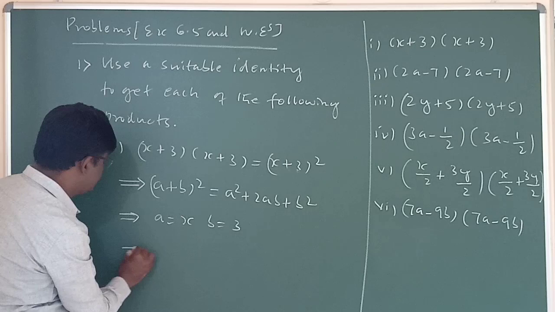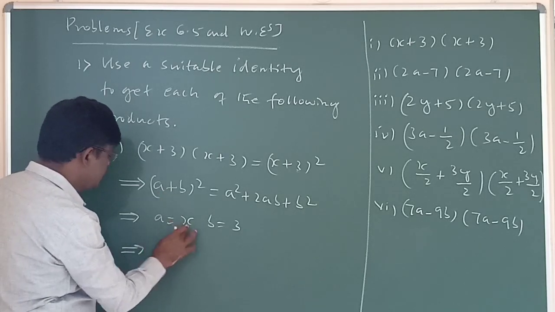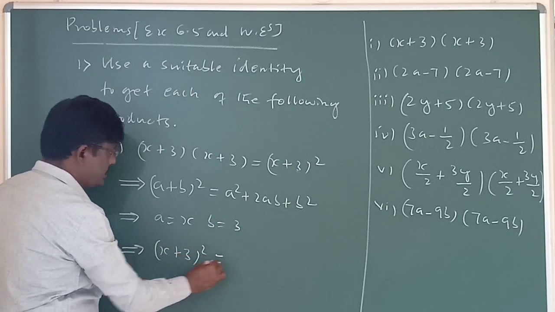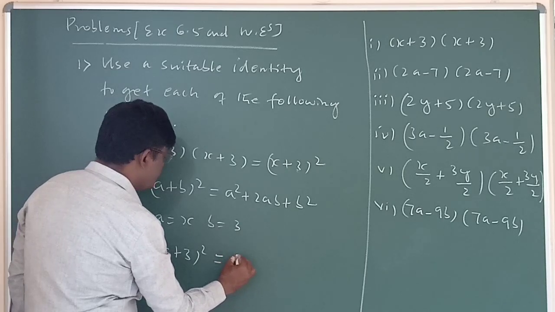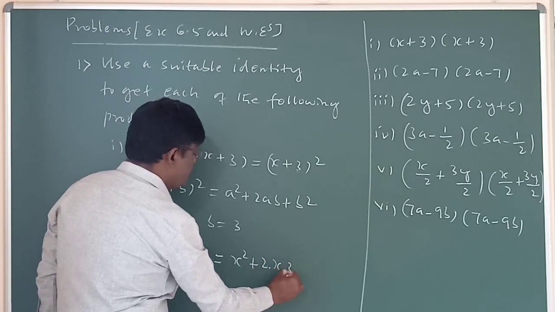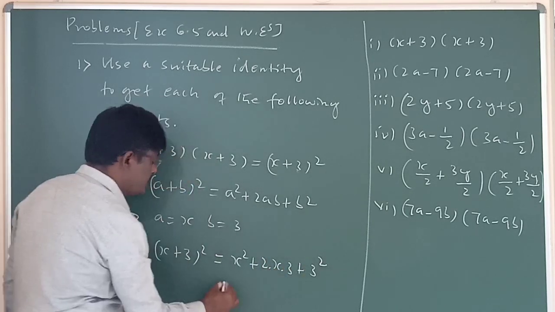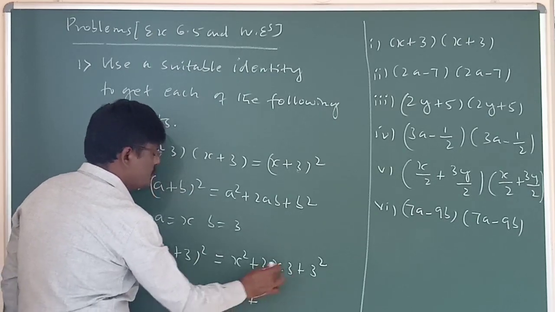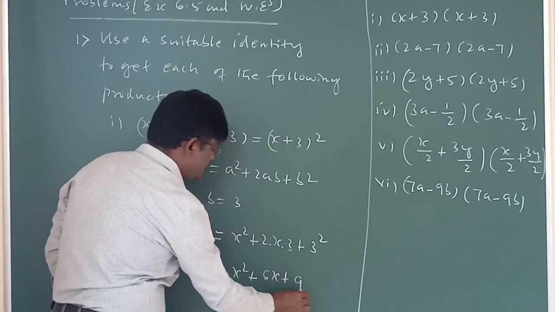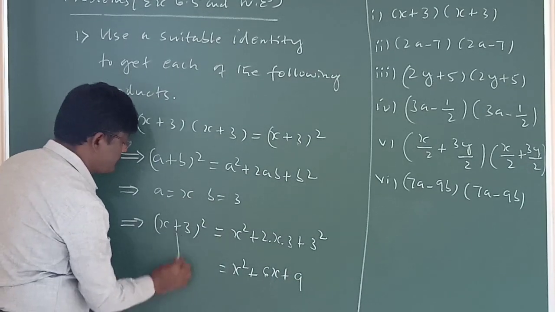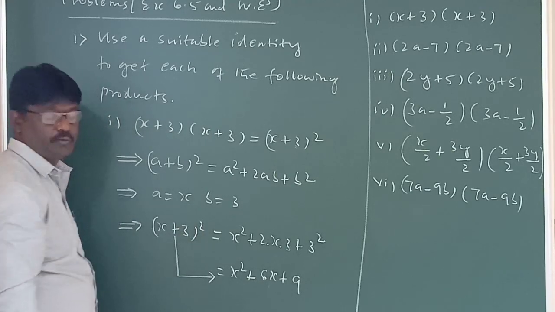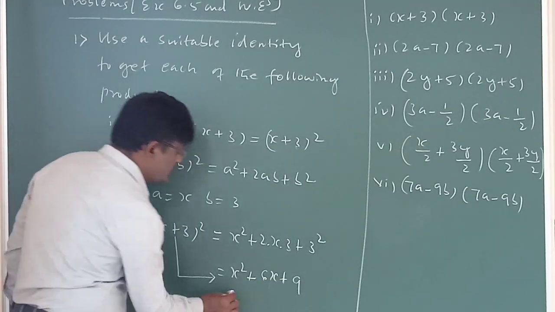So this implies (x plus 3) whole square equals a square, x square, plus 2 into a into b, 2 into x into 3, that is 6x, plus 3 square, which is 9. So this is the product of the given two binomials. Thus (x plus 3) whole square equals x square plus 6x plus 9.